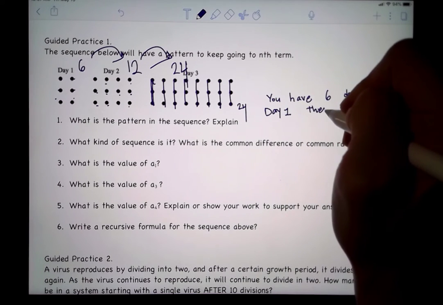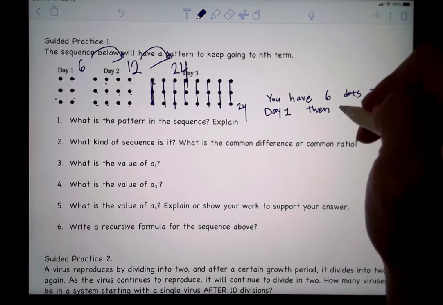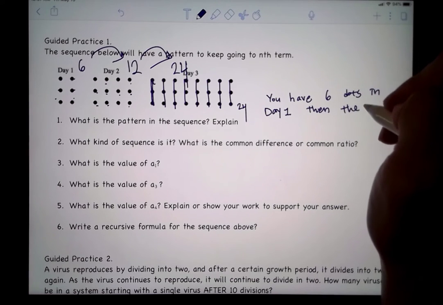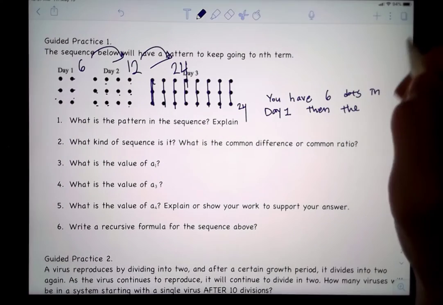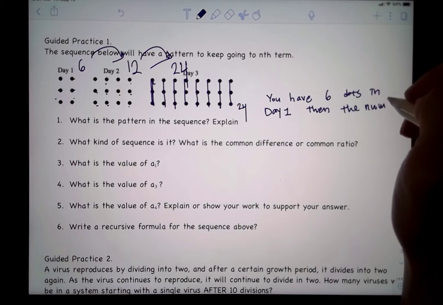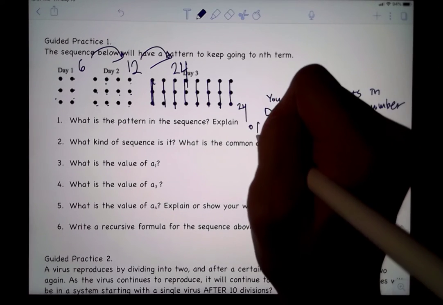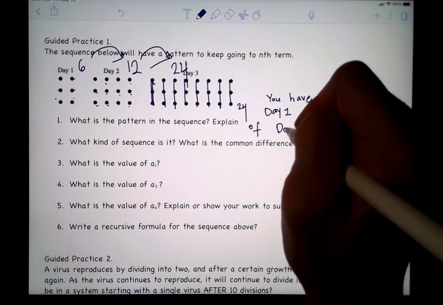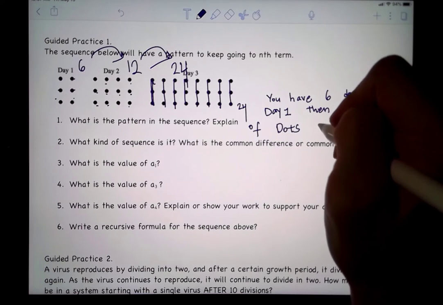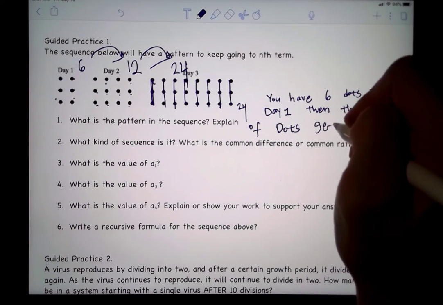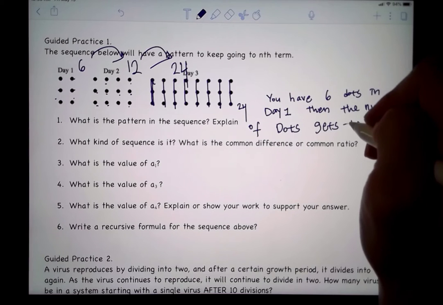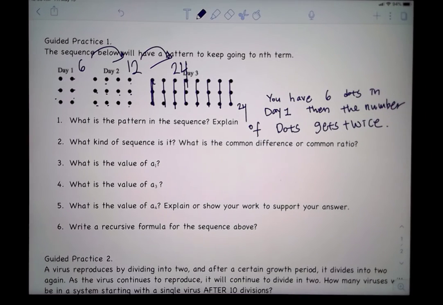Then the number of dots gets twice. Okay, so I want to write it like that. You can write any explanation that makes sense with the problem.